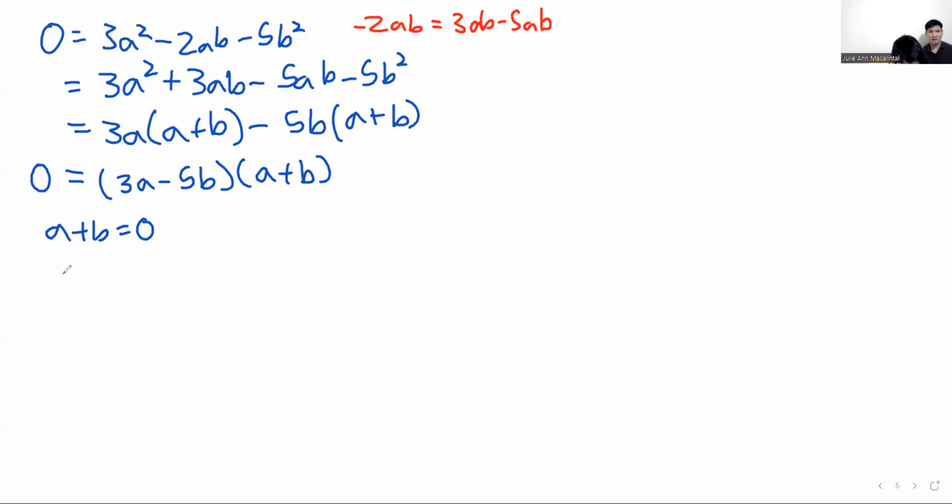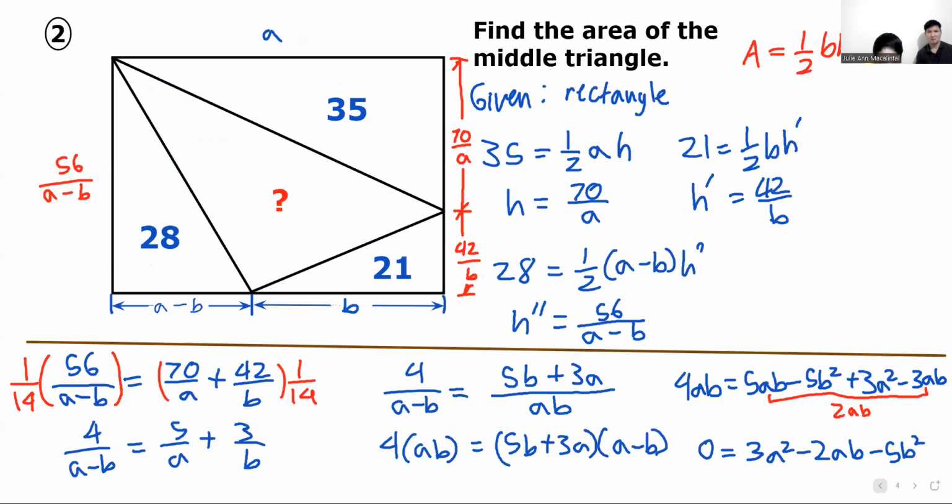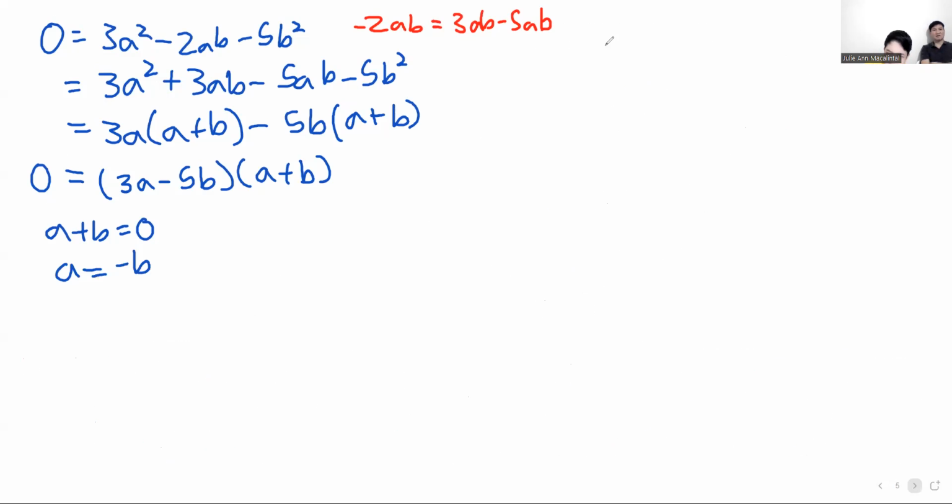Then a will be equal to negative b, which is impossible because first of all, a is bigger than b, and second, a cannot possibly be negative. If b is positive, then a will be negative, and if b is negative, to make a positive, that's also impossible because there's no negative dimension. This is a dead end. This is extraneous.